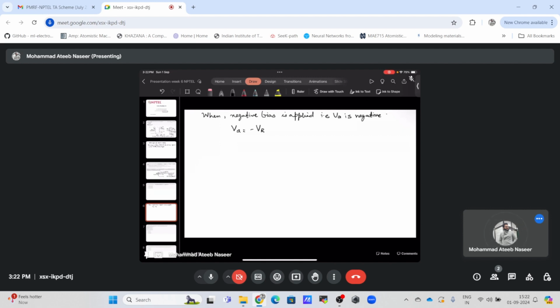What will happen to this XT under reverse bias?